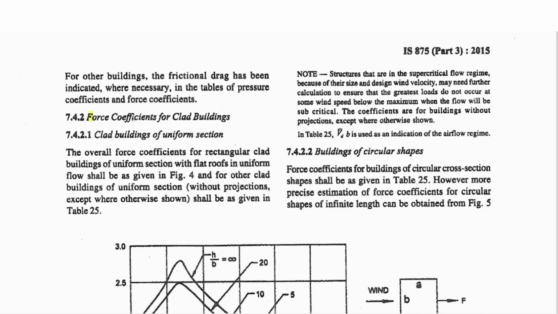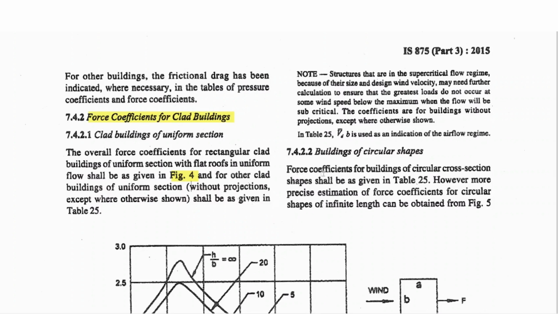So, force coefficient for flat buildings. The force coefficient for a rectangular or uniform section with a flat roof and uniform floor shall be given in figure 4. For other flat buildings of uniform cross section without projections, the values where otherwise shown shall be as given in table 25.